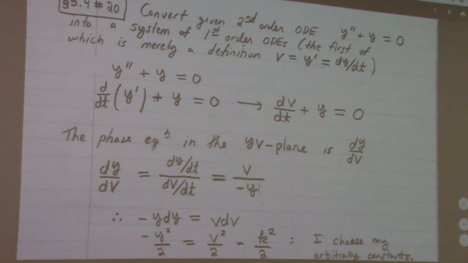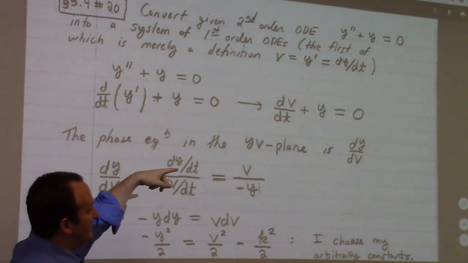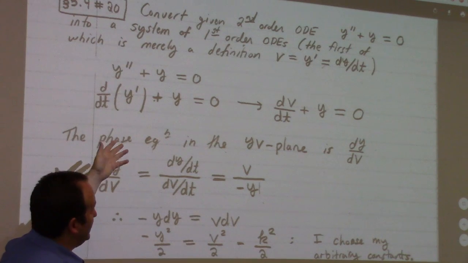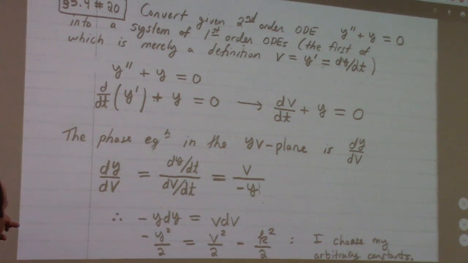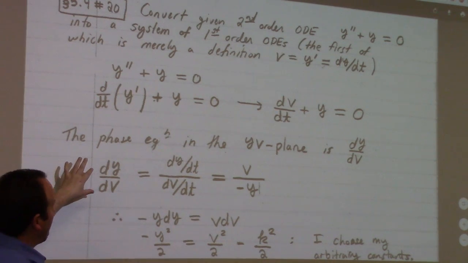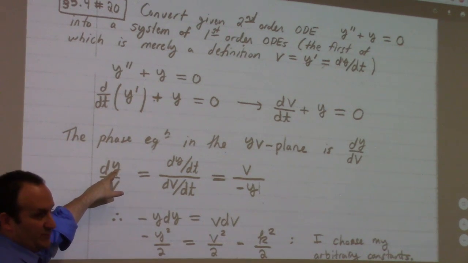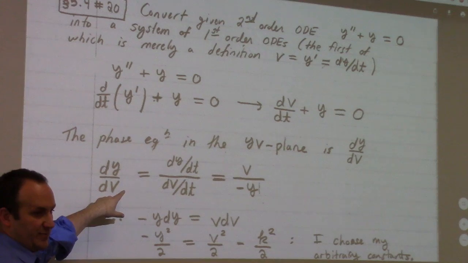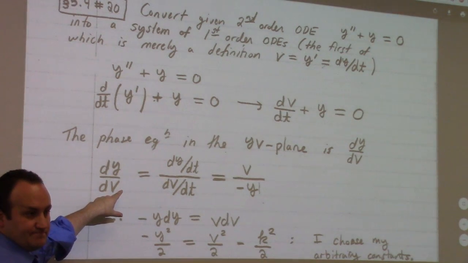Like here, starting out with y prime prime plus y equal to 0, that would be the equation for a spring with no friction. You make the reduction of order, introduce y prime equal to v, you get dv dt plus y equal to 0. And of course you also have v equal to y prime. So the phase plane equation here, y is playing the role of y, but x now is played by the velocity.